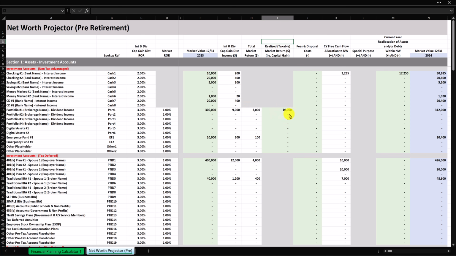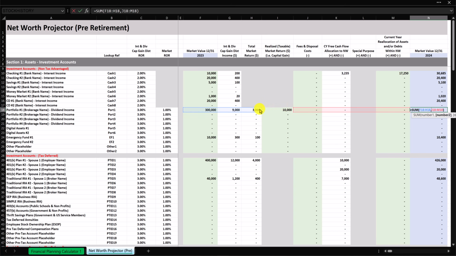In addition to that, when I sum this row across to figure out what our market value at the end of the year is going to be, I have specifically excluded this column. In other words, when I click on this, the market value is being calculated based on the beginning value plus the interest and dividends and capital gain distributions plus market return plus these items over here, which we're going to get to shortly, but not including the capital gain, which we have specified in this column.